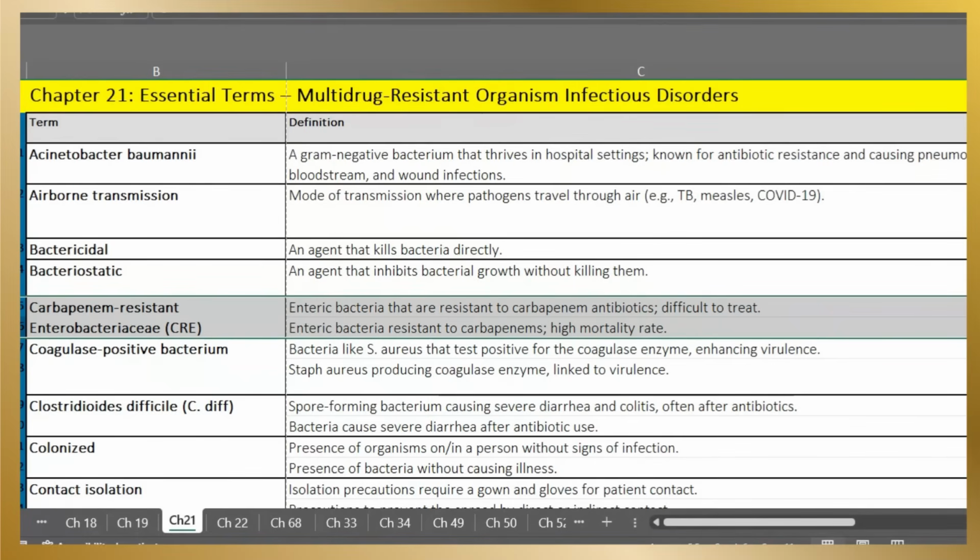Carbapenem-resistant Enterobacteriaceae, so CRE. This enteric bacteria is resistant and has a high mortality rate. So for CRE, think critical resistant enteric. It's just a way to remember, and it needs isolation.